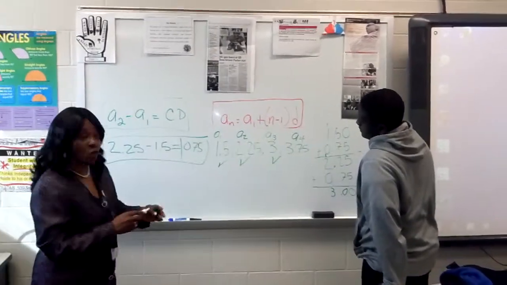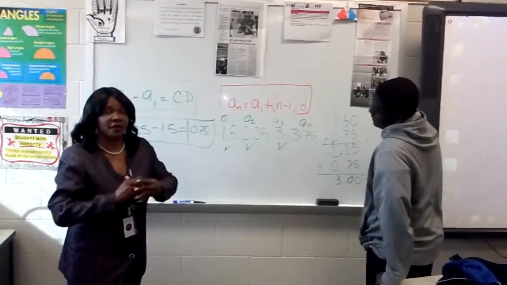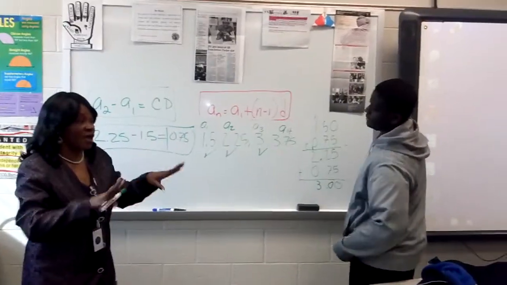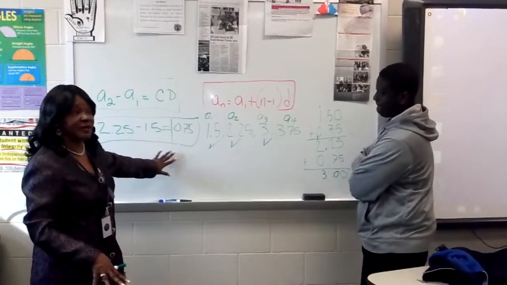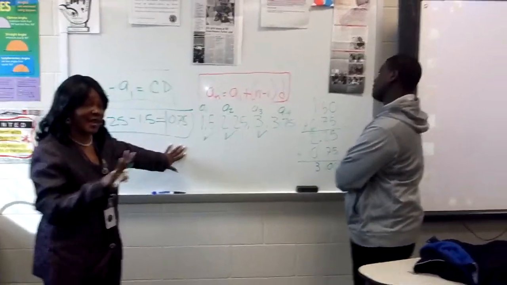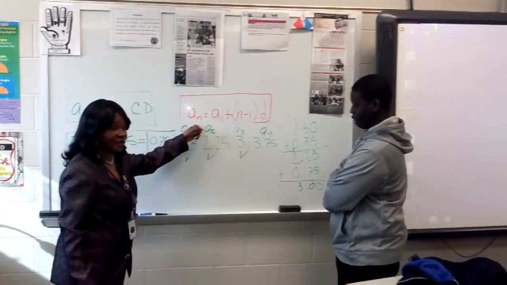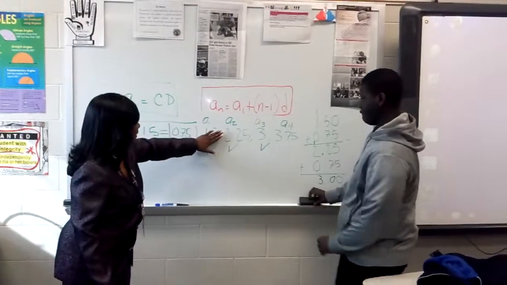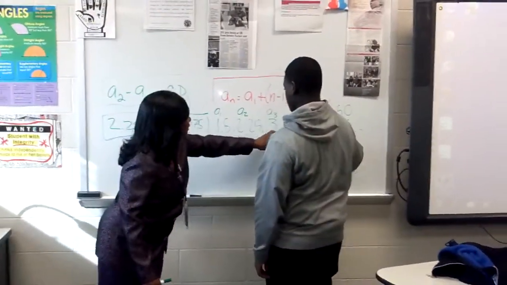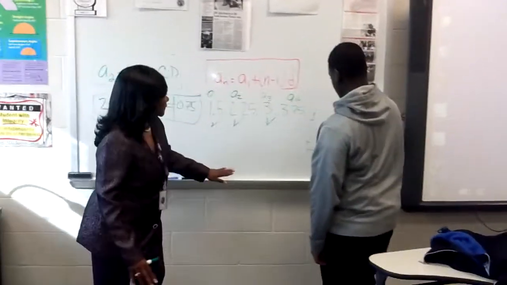Now, are there any questions? No, ma'am. All right, so if you don't have any questions, every last one of you should be able to do this with ease. If not, let me know. Now, let's just test this other equation.